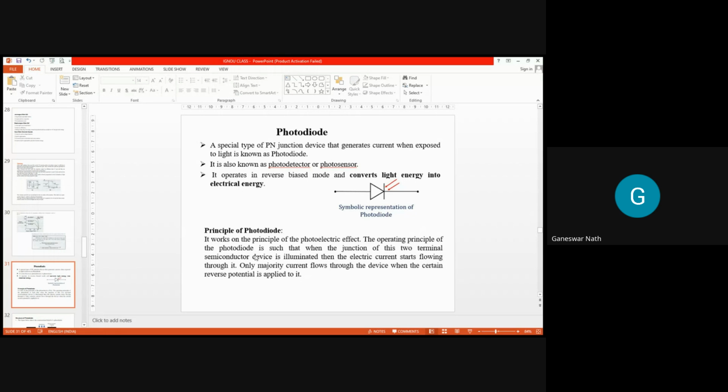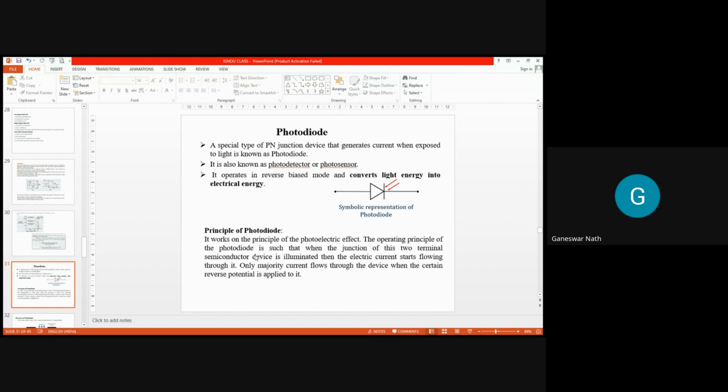Now I'm coming back to the photodiode. It is also a special type of PN junction device that generates a current when exposed to light, and that is called the photodiode. The photodiode is sometimes known as a photodetector or photosensor.